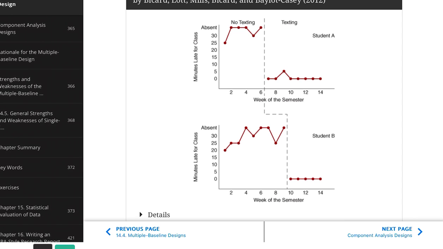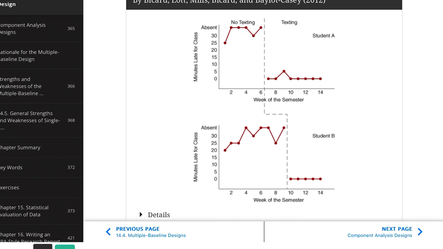Obviously, I think they did it daily, but they simplified this down so that we could see the pattern. In the baseline phase, you can see very clearly, they're very late many times, right? Both start at the beginning of the semester, but then 6 weeks into the semester, we initiated a treatment phase for student A.